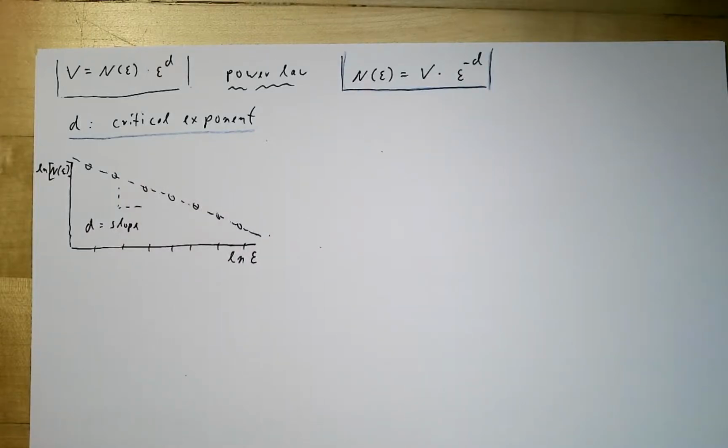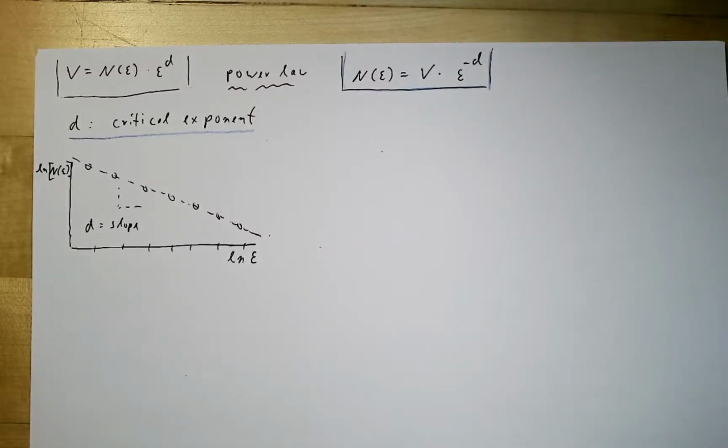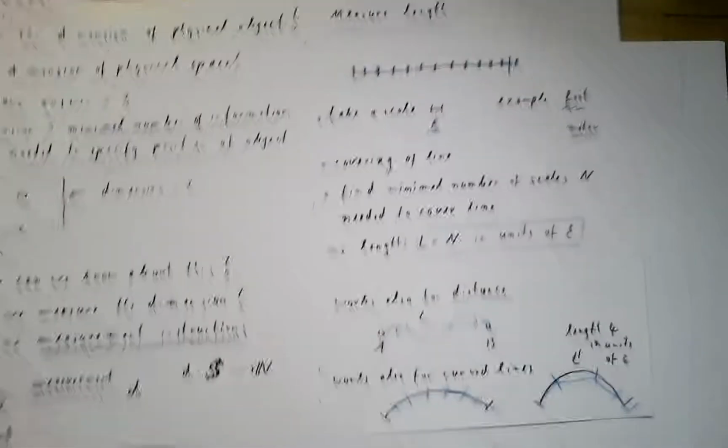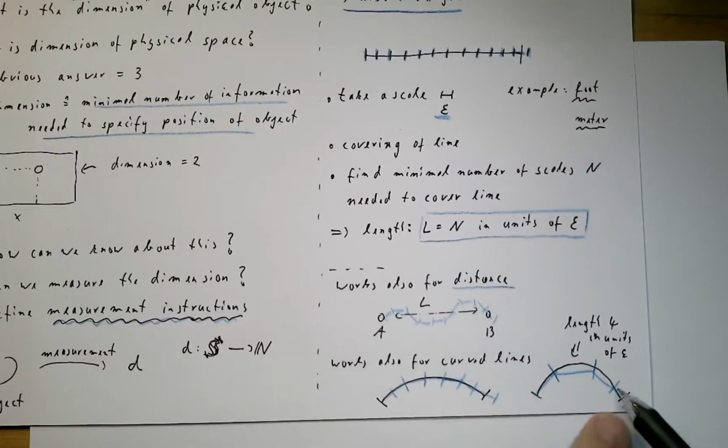And now we also know how we can deal with these imprecisions, because if our scale is very large, maybe take this example that we had here, when the scale is very large, then we make a big error because the scale doesn't fit into the line.